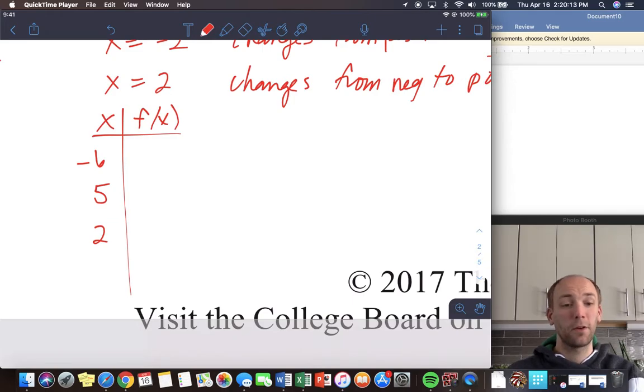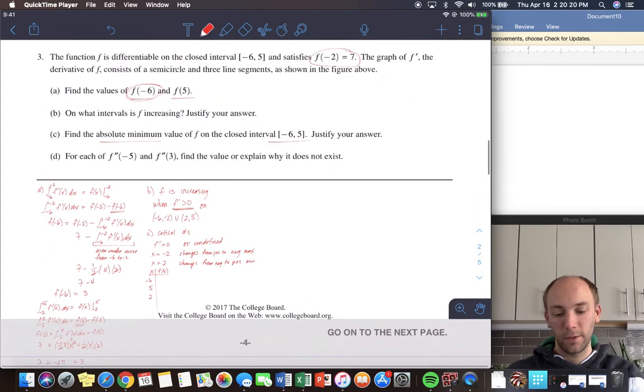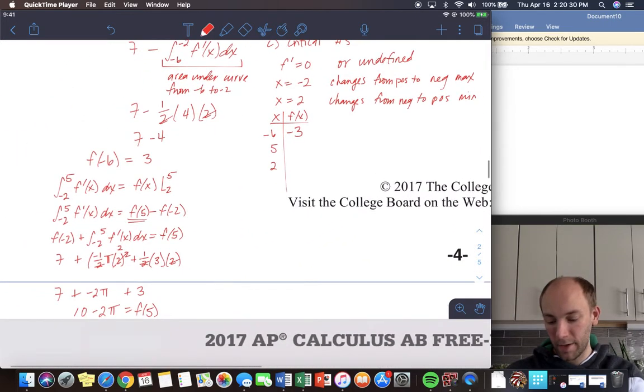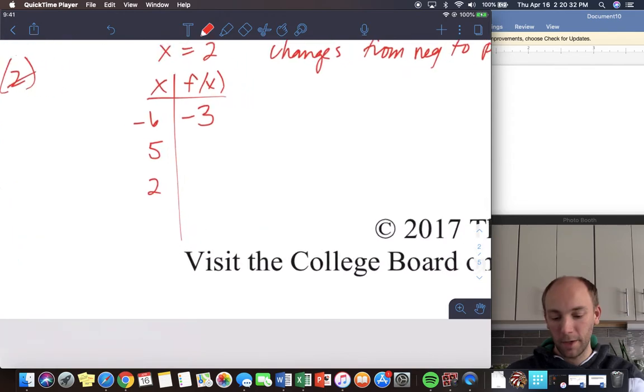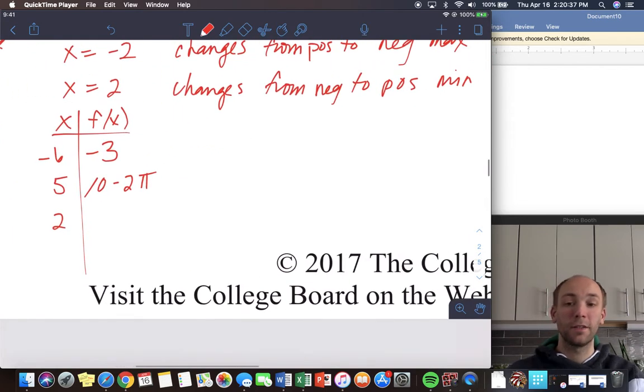Now some of these we already found, and some of them we may need to find. Let's see, we found f of negative 6. That was 3. We did find f of 5. F of 5 was 10 minus 2 pi.